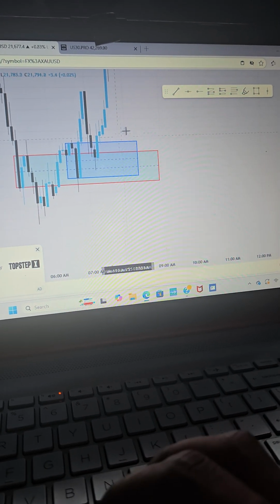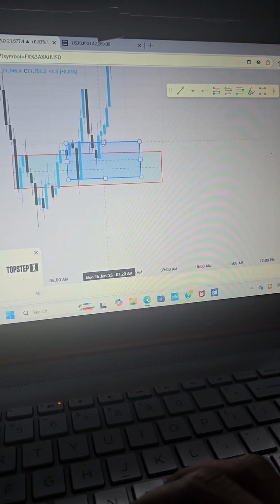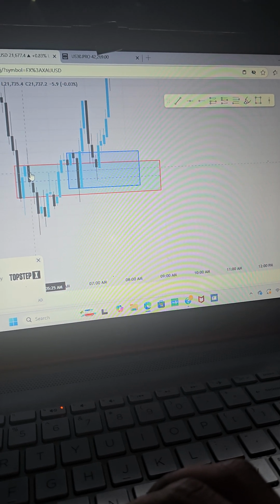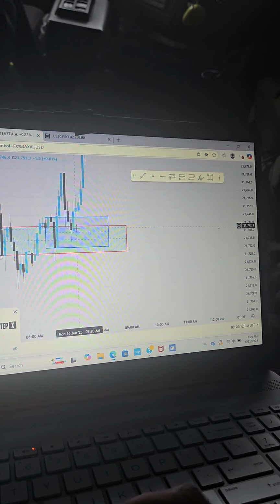And then you see a rejection of the order block. That's what makes it a winning order block. And we already talked about what makes a failed bearish order block. We know that a bullish breaker is a failed bearish order block.